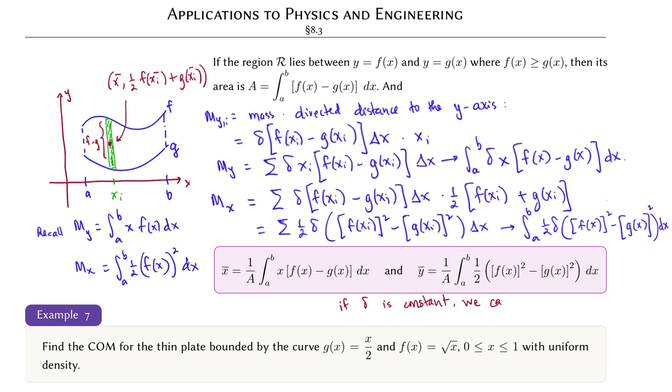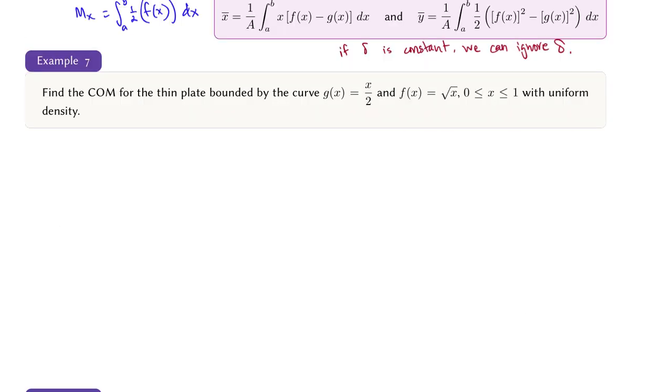And so, even though x bar equals the moment about the y-axis divided by the mass, once we ignore the density delta, we have the moment about the y-axis divided by the area to get x bar, and the moment about the x-axis divided by the area to get y bar.